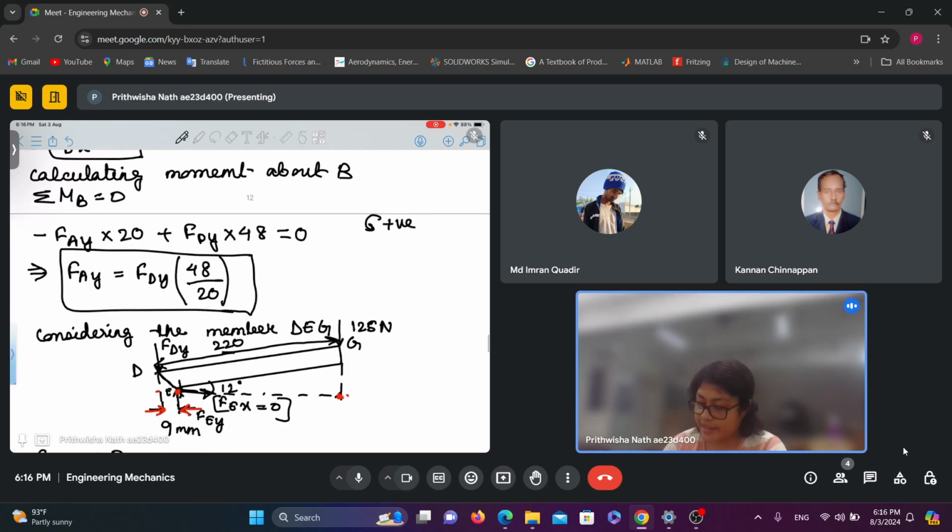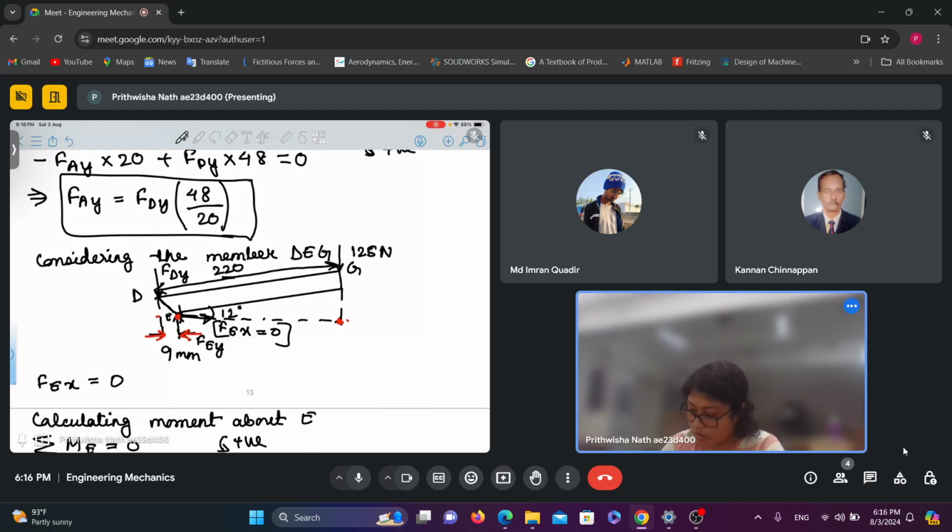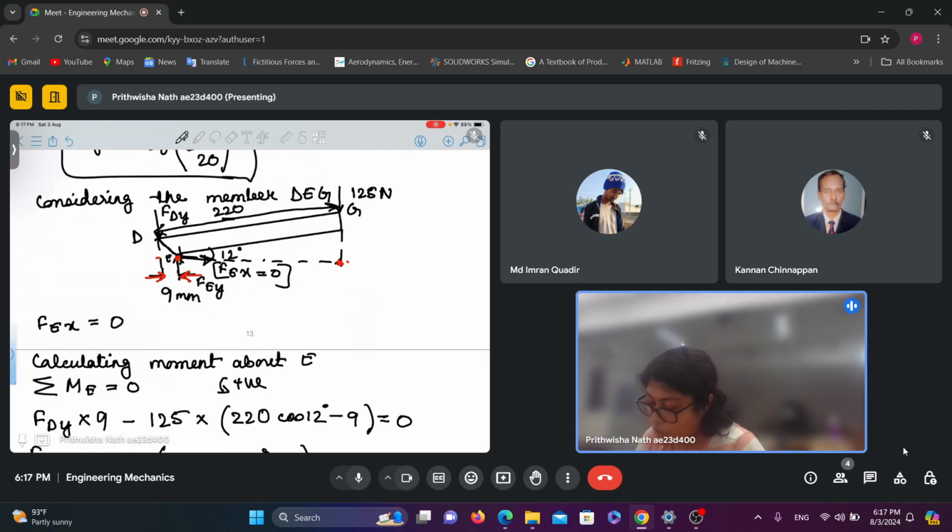Now, I am considering the next member DEG. From here, I can see that FEX should be 0 since it's a 3/4 member. Now I am calculating moment about DE.